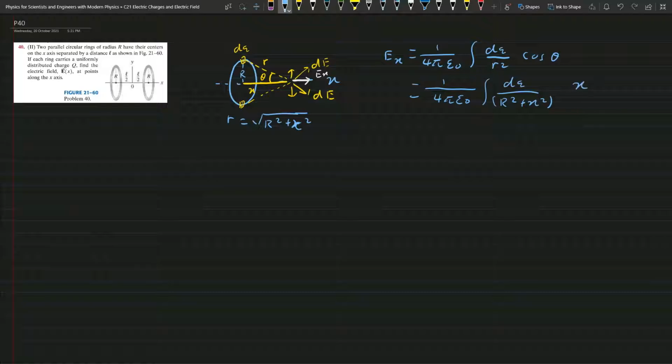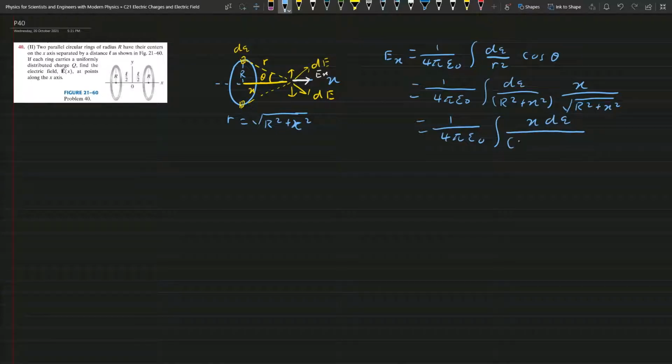Our adjacent is x, and our hypotenuse is the square root of capital R squared plus x squared. It's just this small r. We express it in terms of this capital R and x, to the power of 3/2.